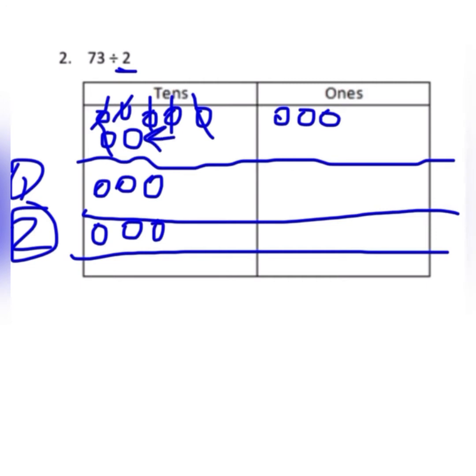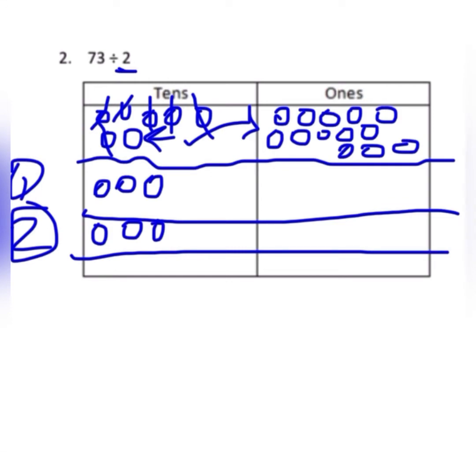So, I need to take that dot because it's in the tens place and move it to the ones place. So I'm decomposing 1 ten into 10 ones. 1, 2, 3, 4, 5, 6, 7, 8, 9, 10.